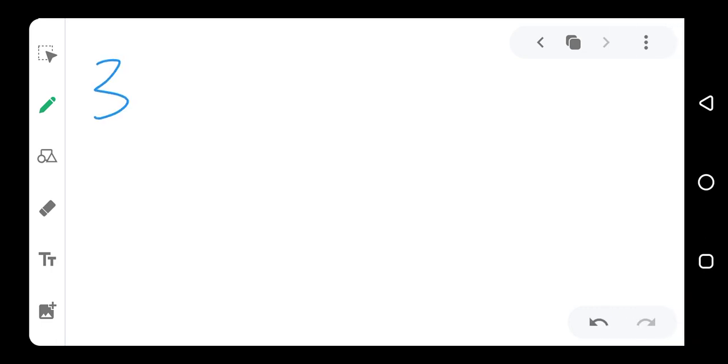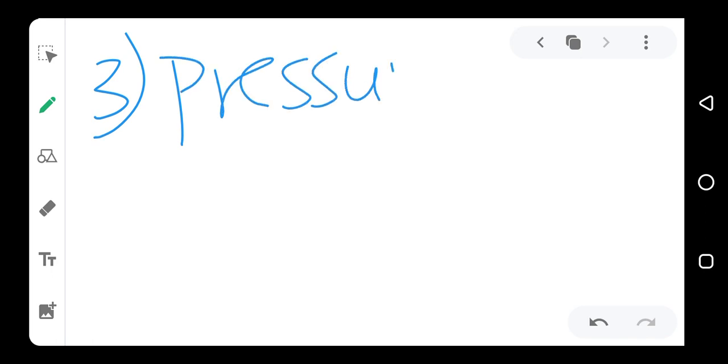Number 3, pressure. Pressure is defined as force over area. Force that is acting per unit area is pressure.